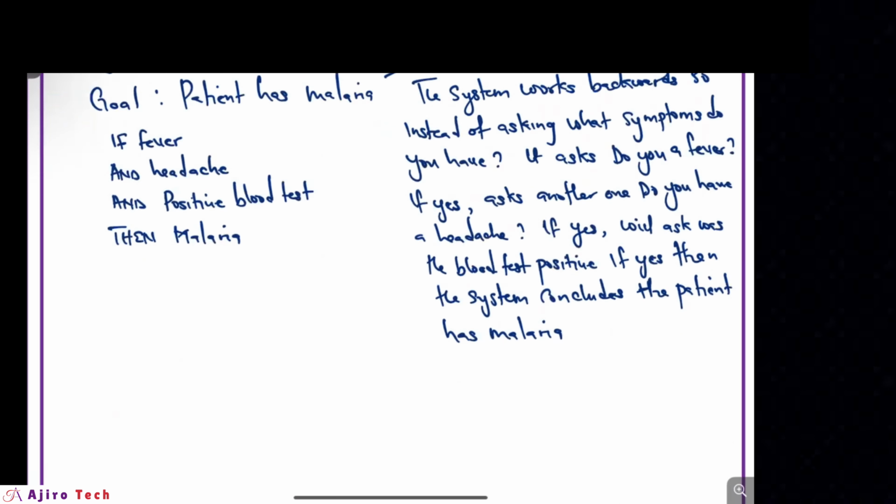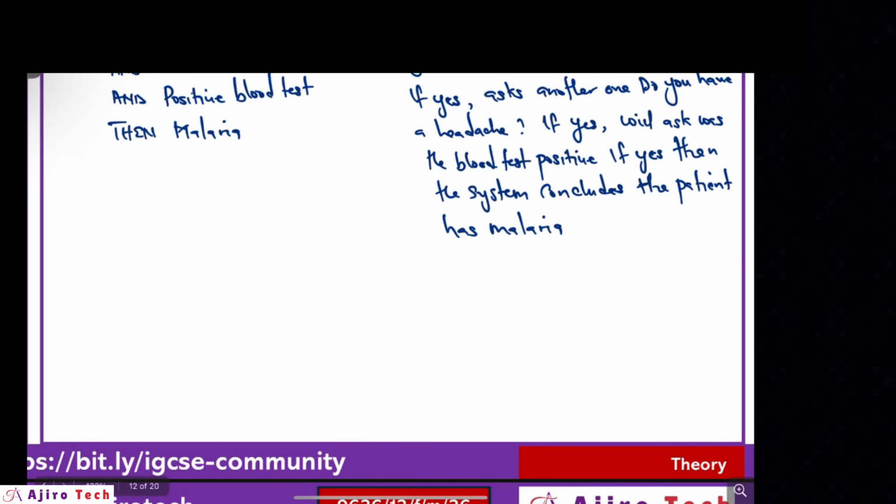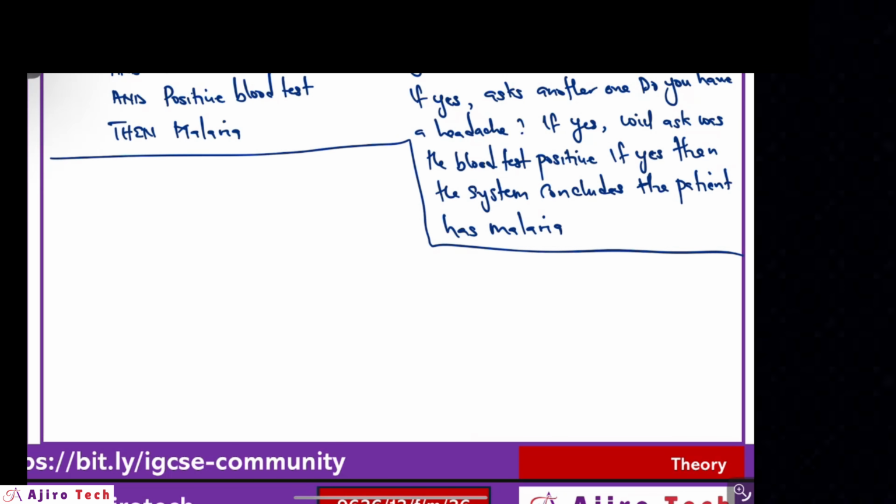So I want to give you an easy memory trick for understanding forward chaining and backward chaining. Just because you are subscribed to this YouTube channel, let me do that for you. This is an easy memory trick. We have forward chaining. This is data driven.